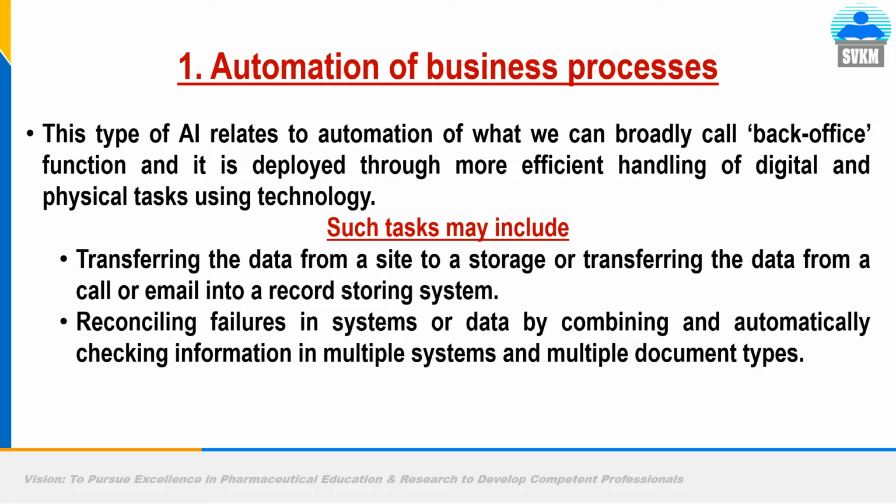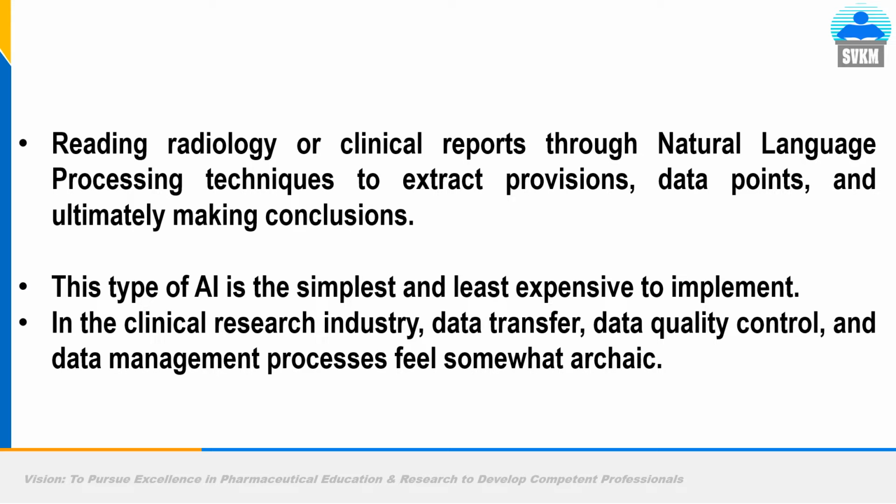Such a task may be, but not limited to, transferring the data from a site to a storage or transferring the data from a call or email into a record storing system. Reconciling failures in systems or data by combining and automatically checking information in multiple systems and multiple document types. Reading radiology or clinical reports through natural language processing techniques to extract provisions, data points, and ultimately making conclusions.